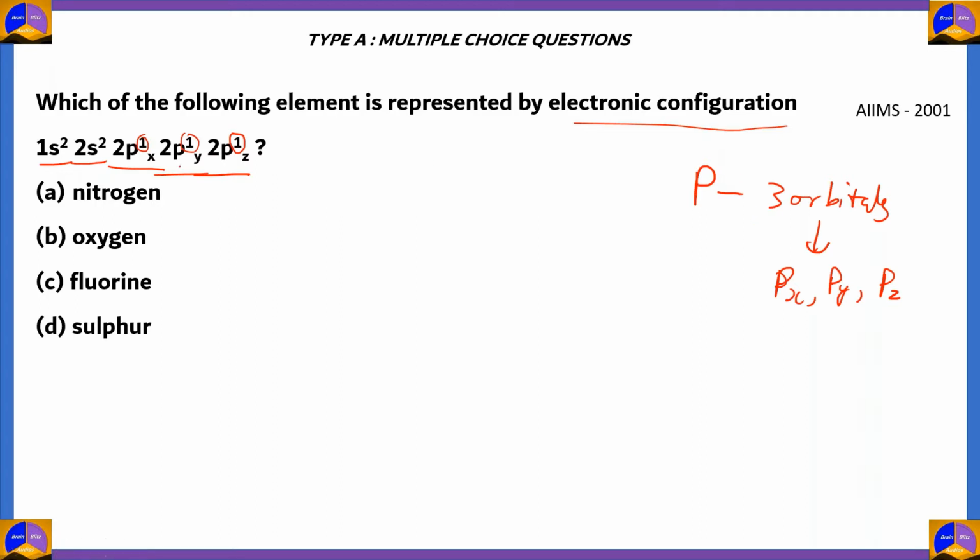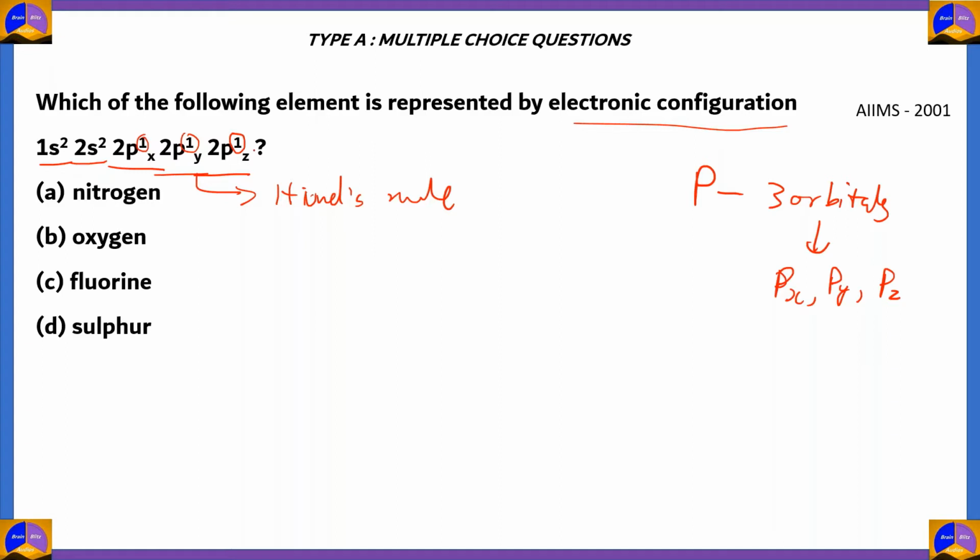So why is this scenario taking place? This has to do with Hund's rule for maximum multiplicity. If 2 or more orbitals of equal energy are available, the electrons will occupy them singly before filling in pairs.